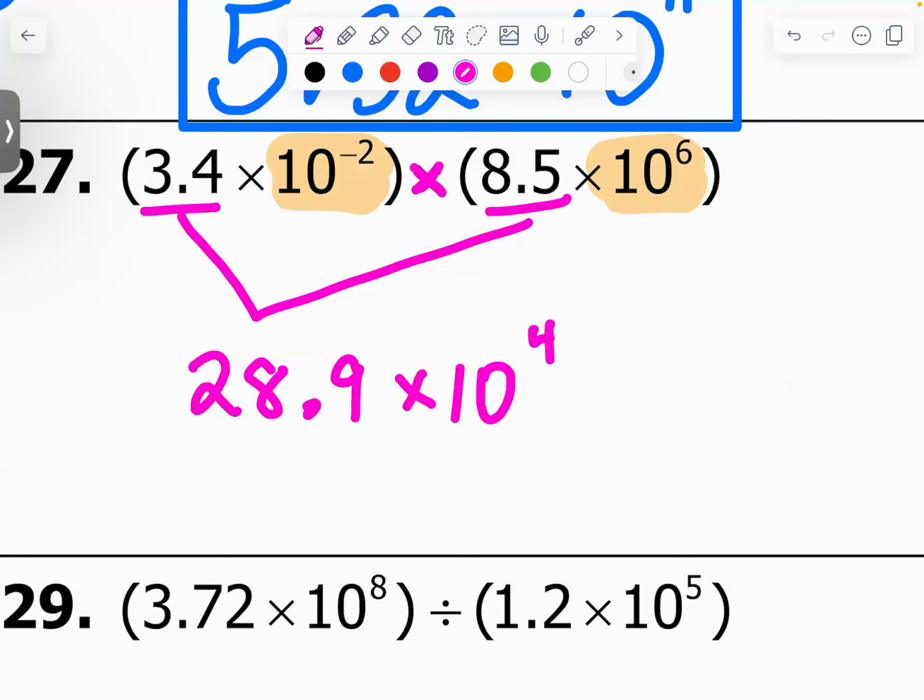Yes, we only want one digit, 1 through 9 in front of our decimal. So we would have to move this guy to here. Now we're taking a big number and we're condensing it. So are we gonna add 1 or subtract 1 since we moved our decimal 1? We are going to add 1. So 2.89 times 10 to the 5th.